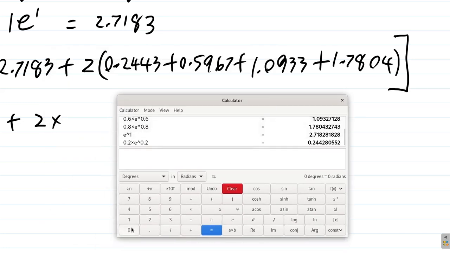We have 0.2443 plus 0.5967 plus 1.0933 plus 1.7804 equals, we have 3.7147.